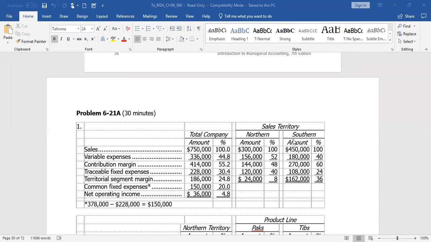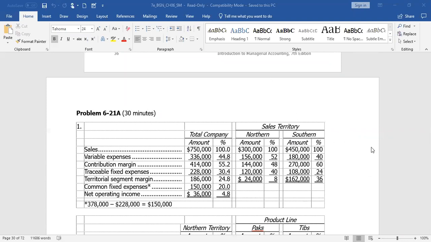Now, the first step you could see there is to prepare the contribution format segmented income statement, first showing total company broken down between sales territories, and then showing Northern Territory broken down by product line. In addition, for the company as a whole, and for each segment, show each item on the segmented income statement as a percentage of sales.